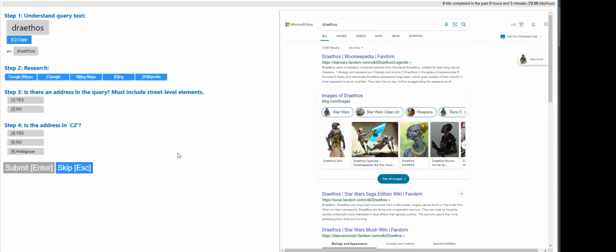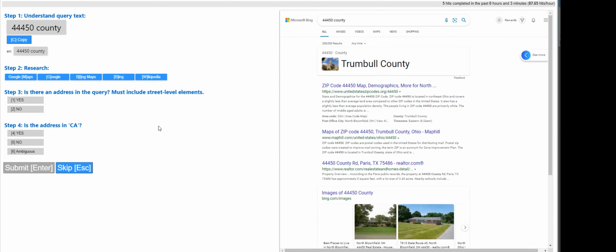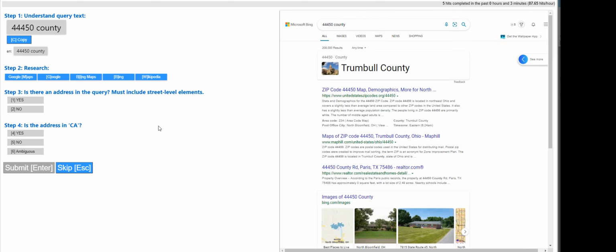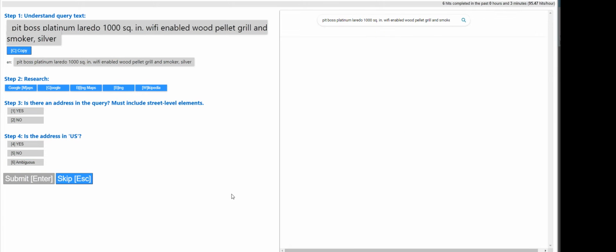This is a character from Star Wars, so definitely it is a no. 44450 County, that is a zip and it has no street level elements again, like the street number, the street name, if it's a lane, a road, or what have you. So it is a no, it's incomplete.